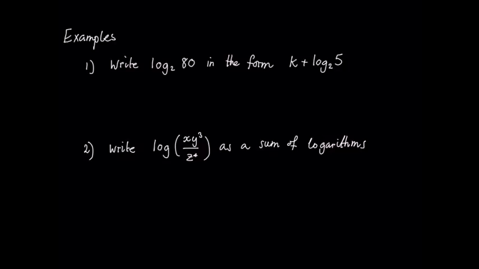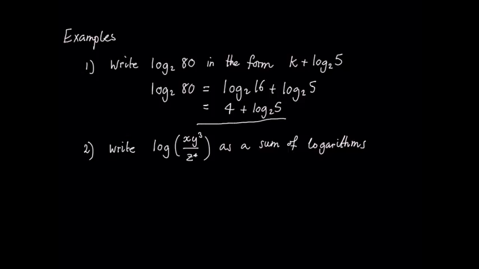So we can start by saying that log 2 of 80 is going to equal log to the base 2 of 16 plus log to the base 2 of 5, because 5 times 16 is 80. But log to the base 2 of 16 is just going to be 4, so it's going to be 4 plus log to the base 2 of 5, so that's our answer.